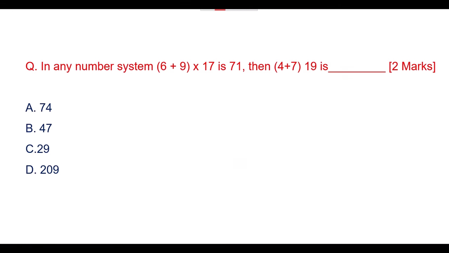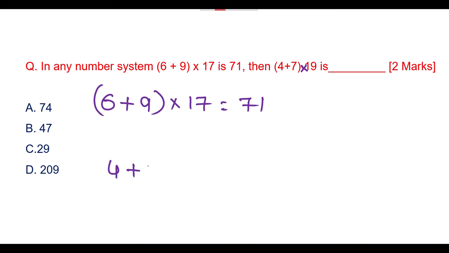Now what about this question? With certain logic, 6 plus 9 multiplied by 17 is given as 71. Then in the same logic, 4 plus 7 multiplied by 19 is what?